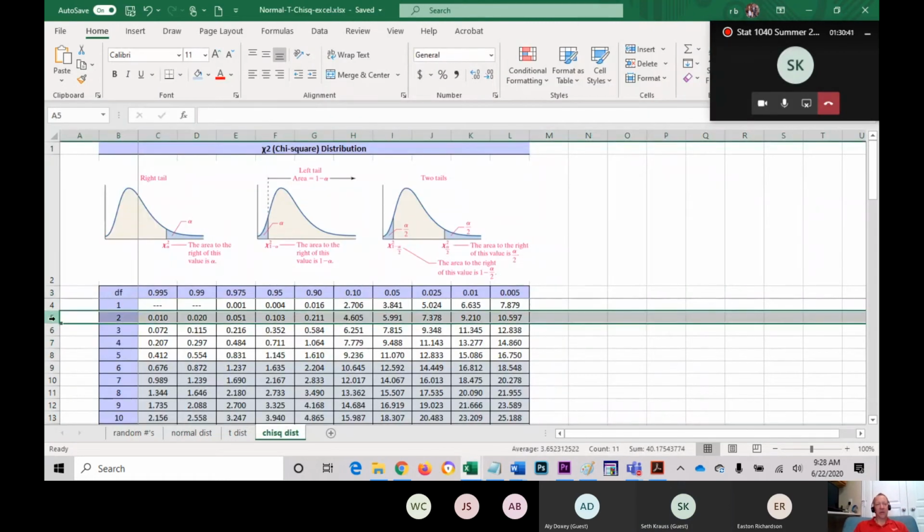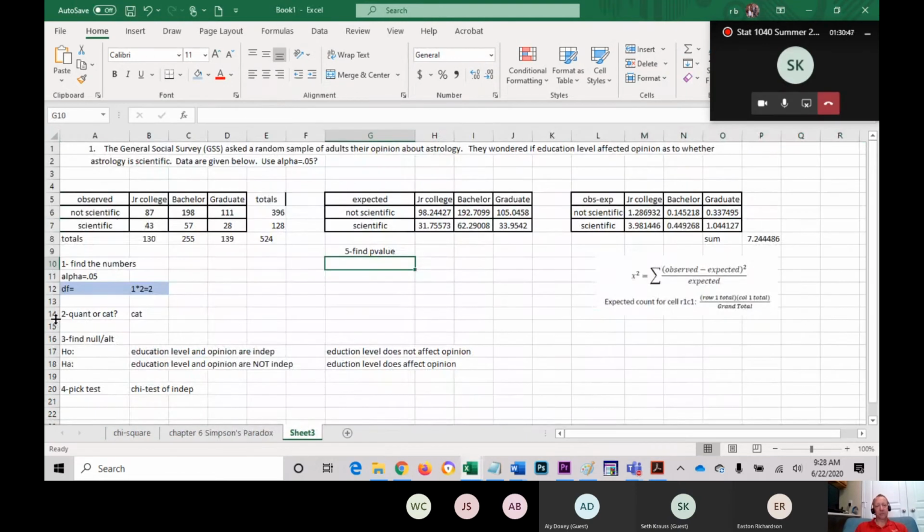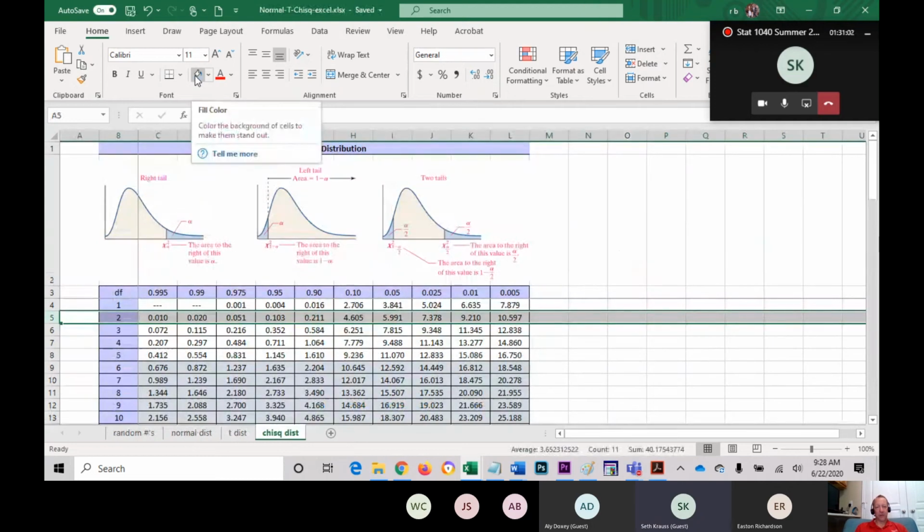So we're looking at this line now, right? And what are we looking for? Are we looking at our sum? We're looking at our sum. Our sum is the big number. So 7.24, we're looking for on that line.